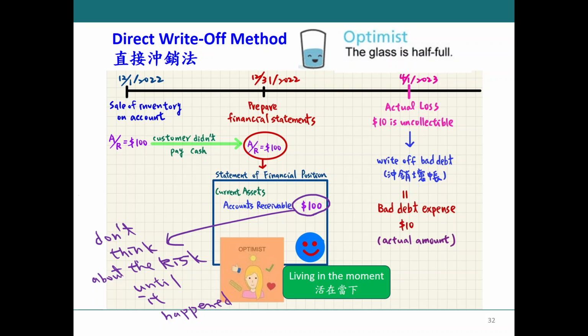So bad debt expense, how much? $10. Could you tell me whether this $10 is a true number or not? It's a true number, okay? So bad debt expense, the risk happened already. So it's a true number, $10.